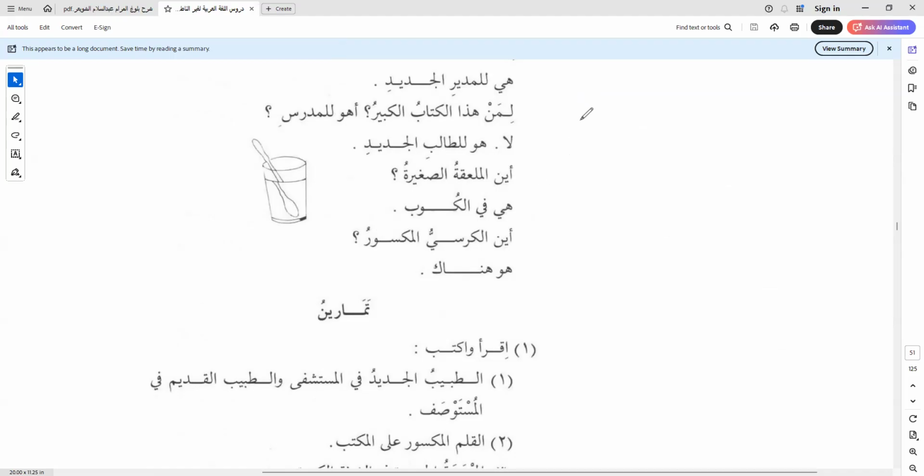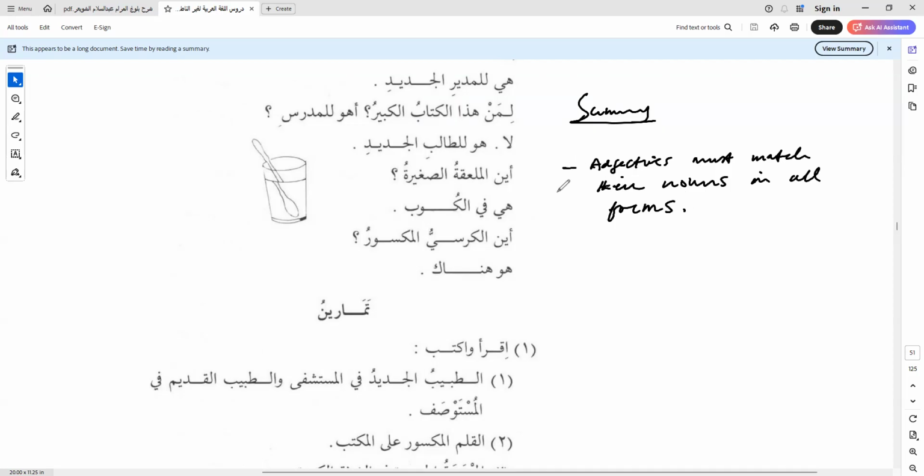To summarize, you need to know that in Arabic, adjectives must match their nouns in all forms. Very, very important. Adjectives must match their nouns in all forms. That is the rule of Arabic.